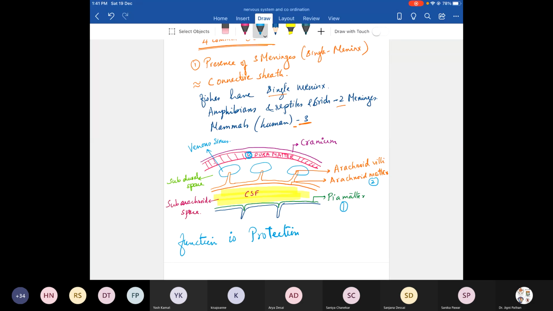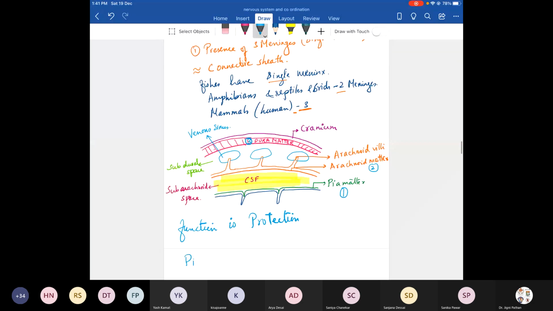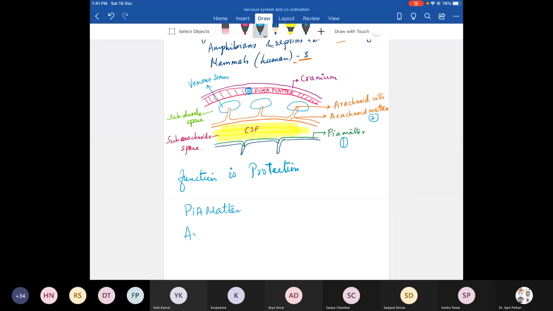The innermost is pia mater, then comes arachnoid, then comes dura. You need to remember the order from inner to outer, they'll ask you. An easy way to remember is PAD, the three meninges. This is a trick. Clear?